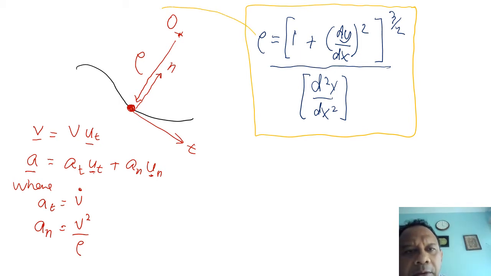This is the relationship of the curvature, and dy over dx comes from the function where y equals f as a function of x.